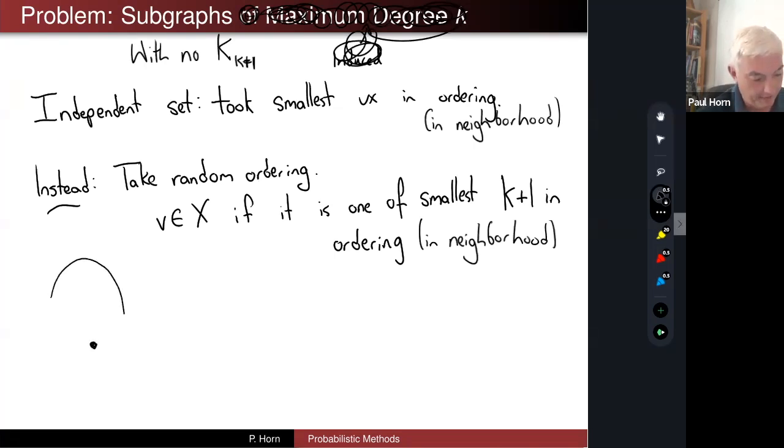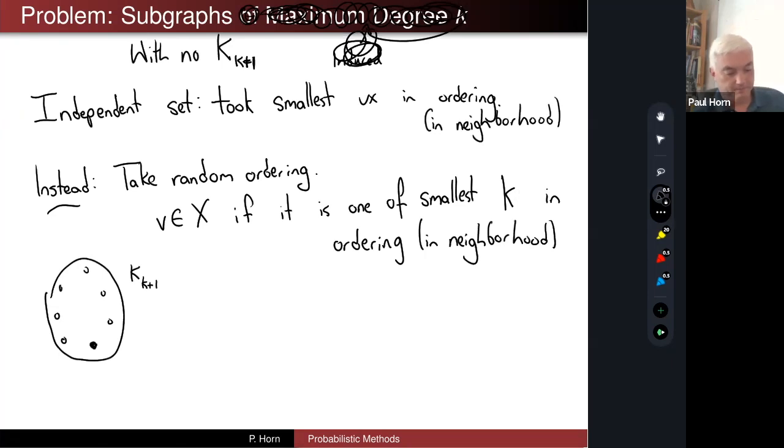I can't have a K plus 1, because, if these are all connected, these are all complete.